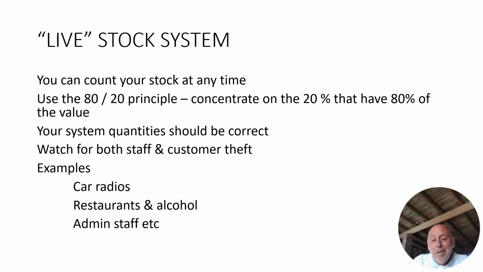And how do you actually realize that he's actually doing it unless you catch him red-handed? Because your stock systems won't even tell you that the person's selling his own stock through your pub or restaurant. You've got to be careful.